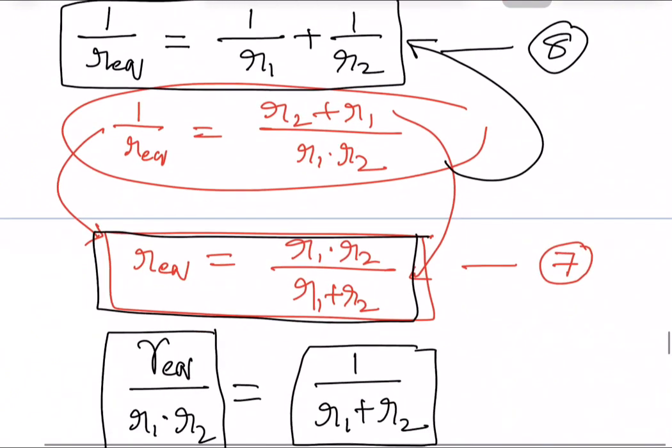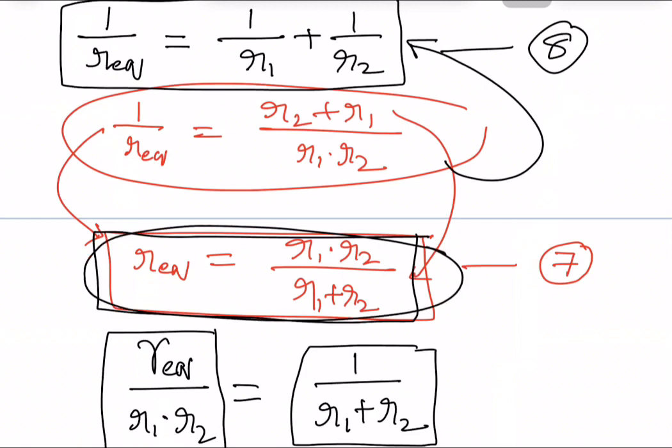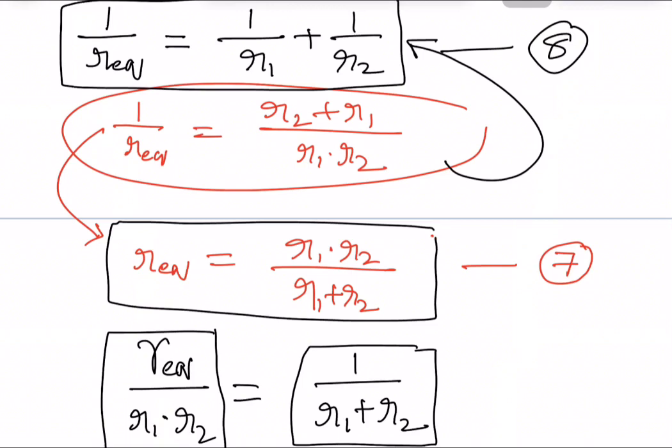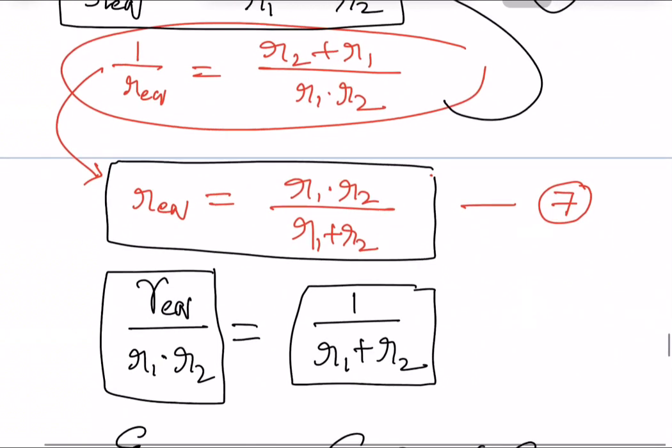Now, by taking the reciprocal, you can say that R equivalent can be written as R1 R2 divided by R1 plus R2. Now, just cross multiply this.